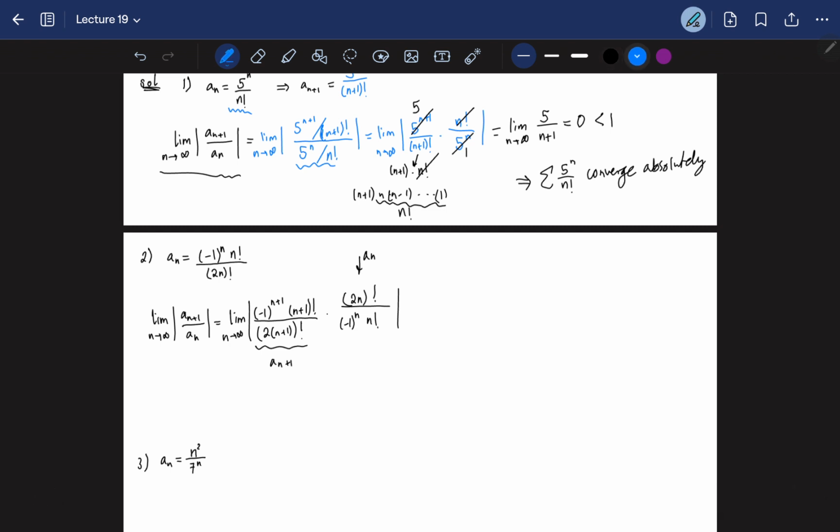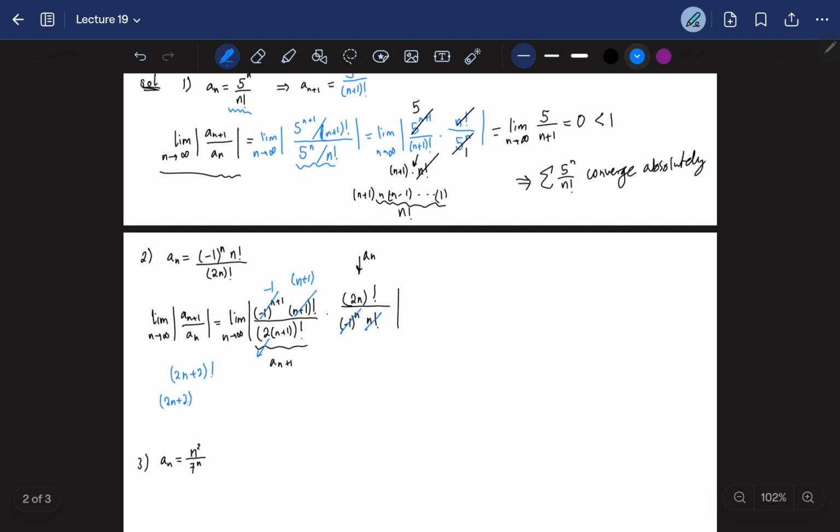Okay, let's see how we are going to simplify. The negative with the negative, so I have a negative 1 here, but since we have an absolute value, that goes away. Then n factorial with (n plus 1) factorial, we get n plus 1. Now for the denominator, this is going to be (2n plus 2) factorial. If we want to cancel it with the 2n factorial here, let's rewrite it.